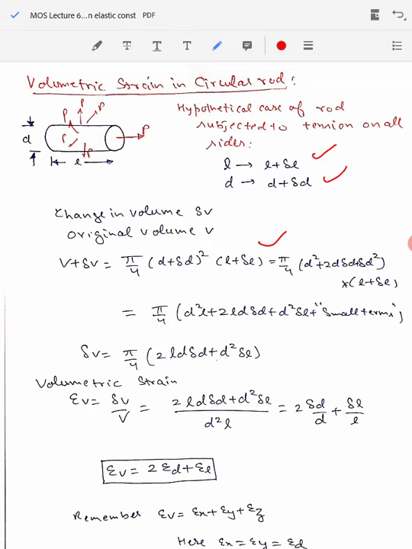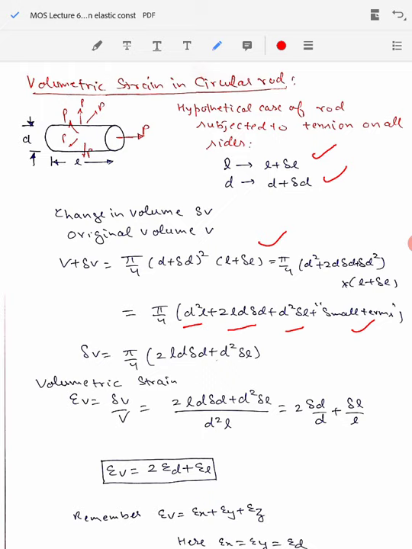If we open up these terms and multiply them, we will get this expression where the first term is d square L, the second will be 2 L d into delta d, and the third will be d square delta L. Apart from these three terms, there will be other terms also appearing, but they will be multiples of small quantities such as delta d square into L, delta d into delta L. As the change in length and change in diameter will be very small, their multiples or their squares will be even smaller.